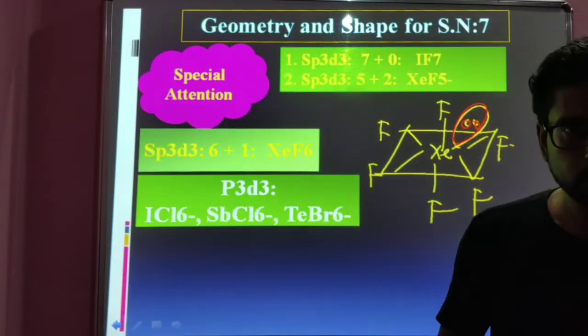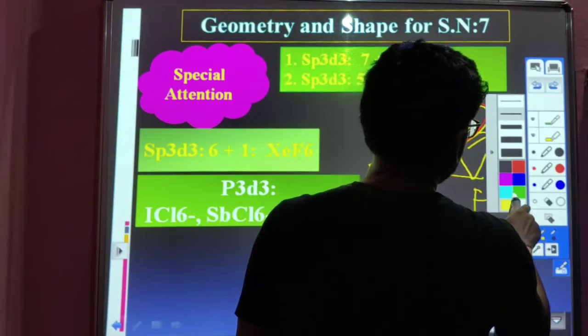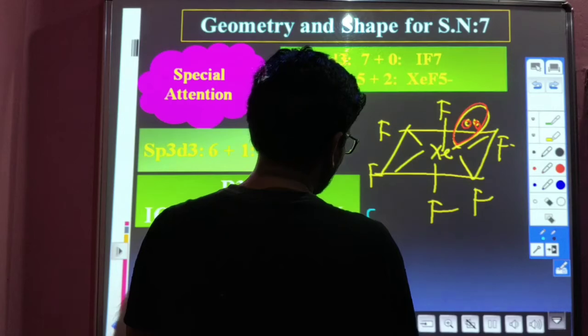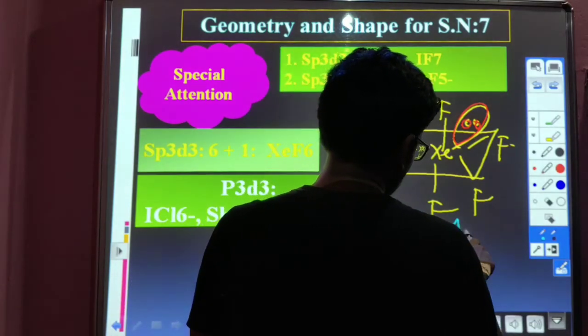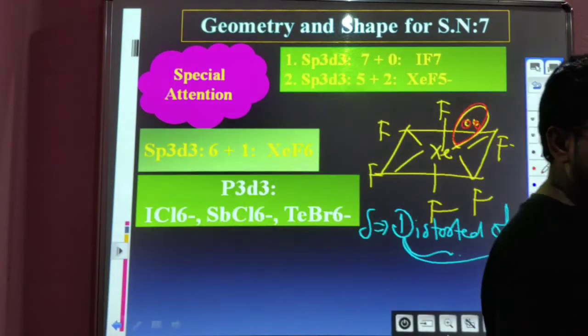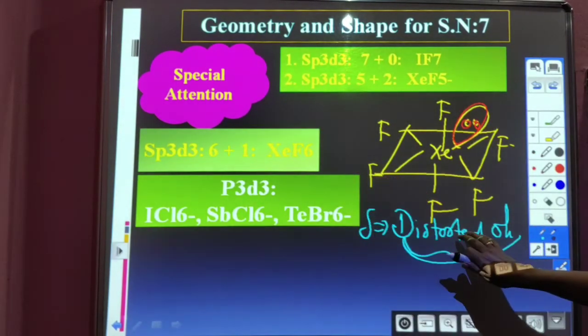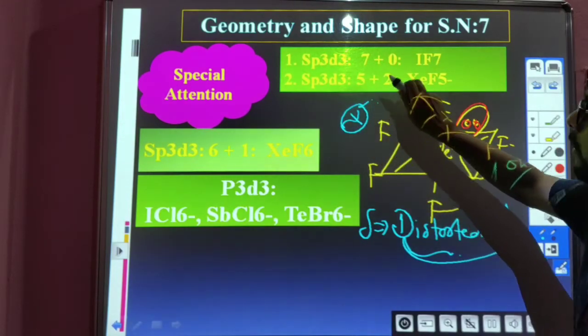That's why the shape is distorted octahedral. But clear? Very, very important. Please remember this one.